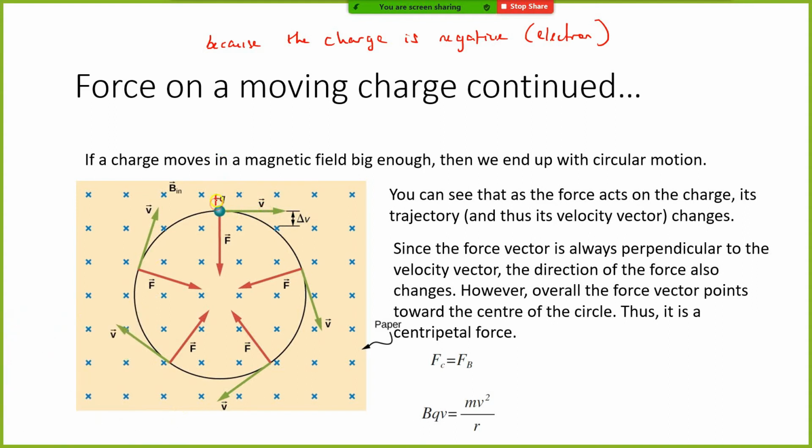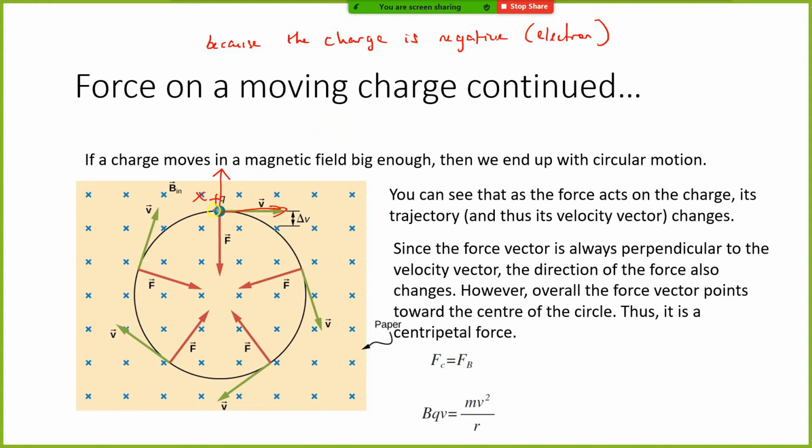Let's imagine that this is a positive charge for now. If we go ahead and apply Fleming's left-hand rule, our magnetic field is going into the paper, and our velocity is going in that direction. So at the end of the day, we would see that the force is acting up. That's for the positive charge.